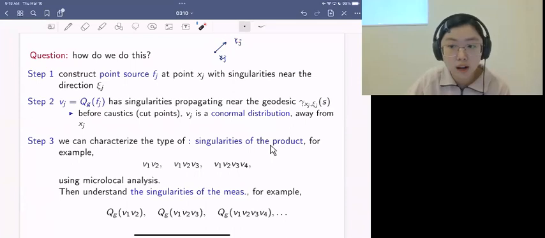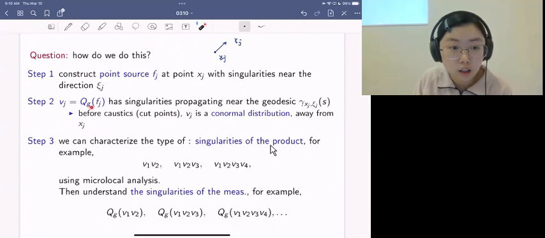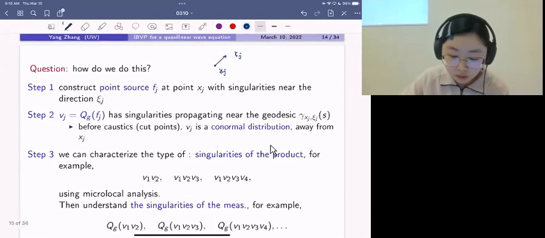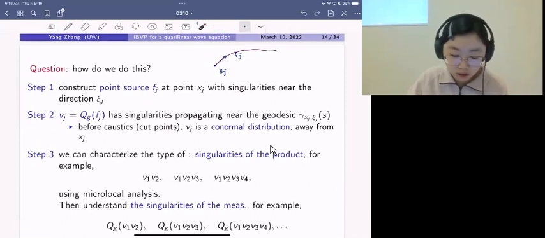We can do this by choosing the delta function and multiplying it by a cutoff pseudodifferential operator. Then if we consider the solution to the linear wave equation for f_j, then this v_j will have singularities propagating near the null geodesic starting from x_j in the direction of psi_j. So Q_j will have singularities near this null geodesic.